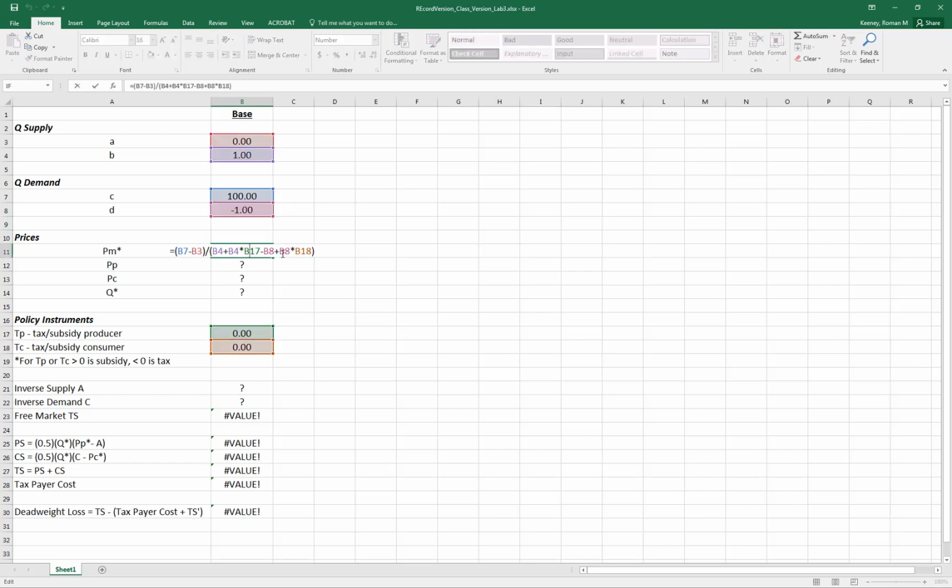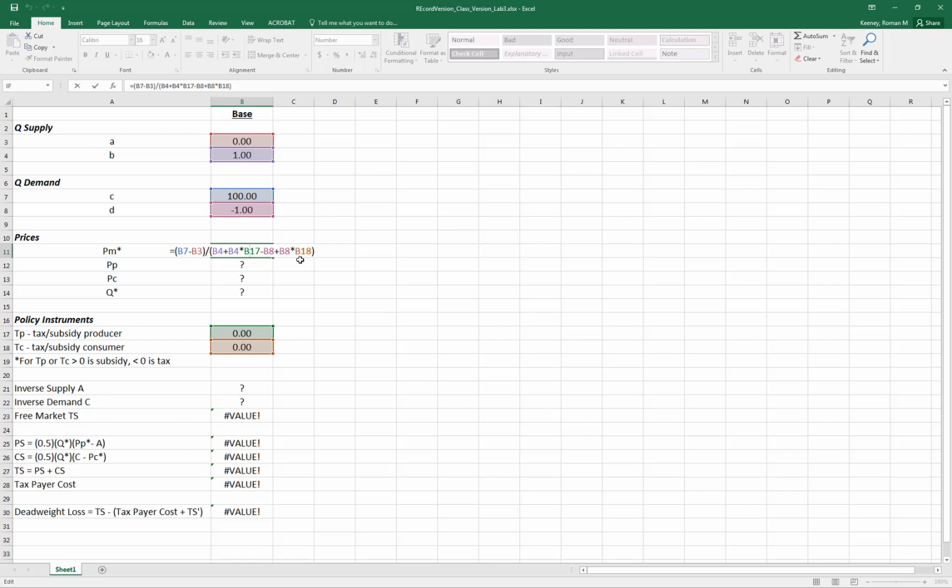So first thing to note, the market price is filled in. That's because I don't want anyone having to deal with it. You can read the slide and see what the formula looks like, and I want you to open this formula and be sure that you see why this is the formula for the price, comparing it to the slide we just looked at.